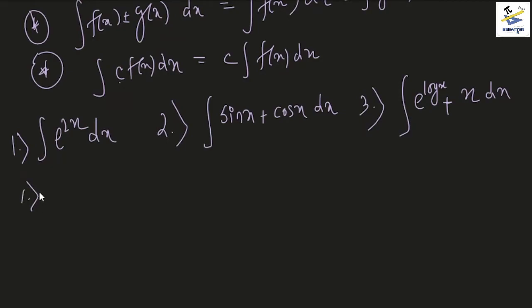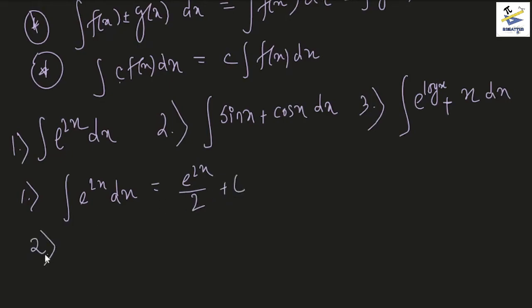The solution for 1, as you can see, is the integral of e to the power 2x dx. What we can do here is write integral of e to the power 2x dx equals e to the power 2x divided by 2 plus c.